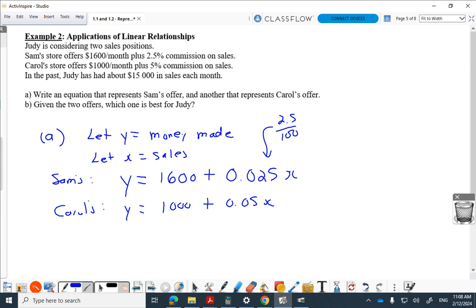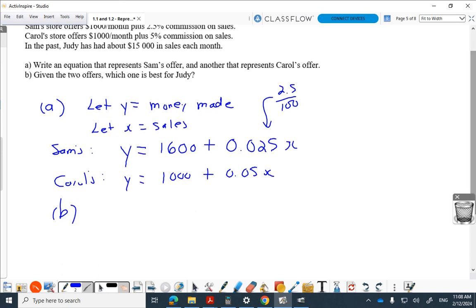B, which one's the best for Judy? This one we can do. They told us how much Judy made in sales, so I can do both. So I can do, okay, Sam: Y equals 1,600 plus 0.025 times 15,000. And I can get that answer.